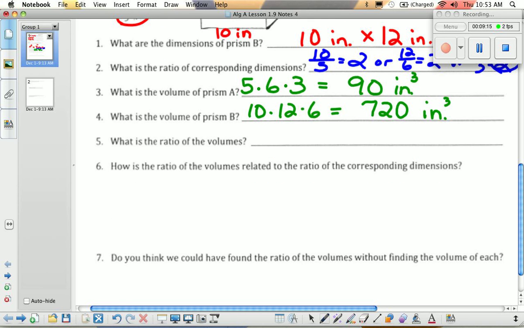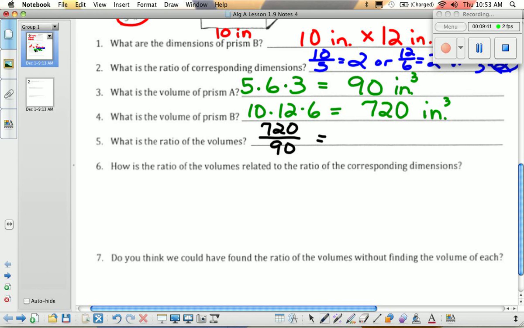So what is the ratio of the volumes? How are you going to get that? 720 over 90. 720, the new volume, over the old volume. It's 720 divided by 90. It's 8.